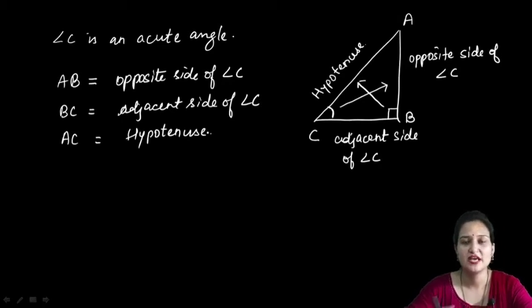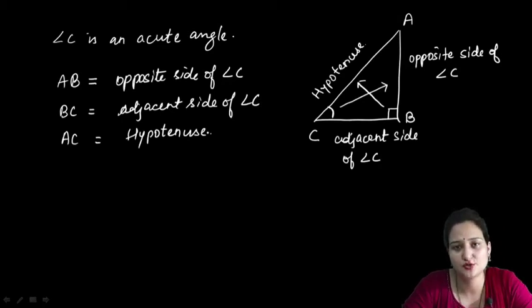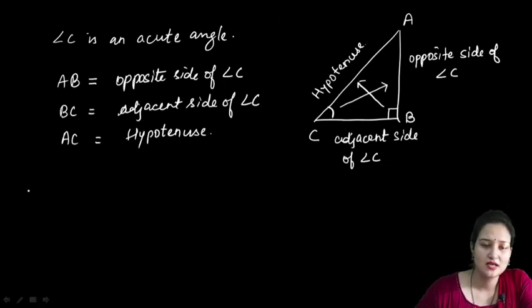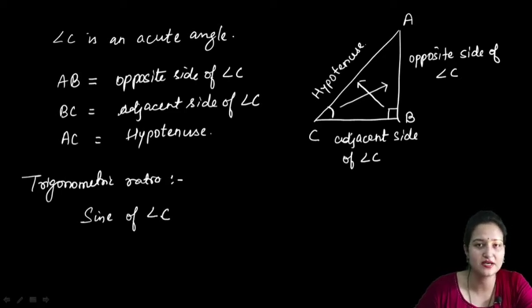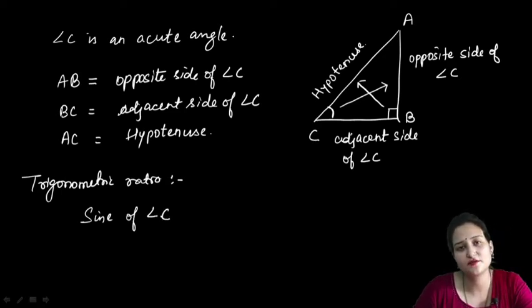Now, if we find out the trigonometric ratios, then how will we write them down? What are these trigonometric ratios? The first one is sine. Sine of angle C. Here we are taking the relationship between all sides with angle C only.